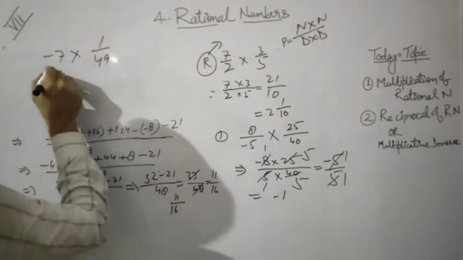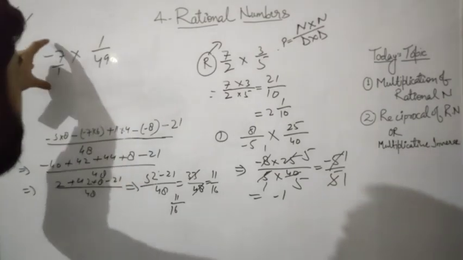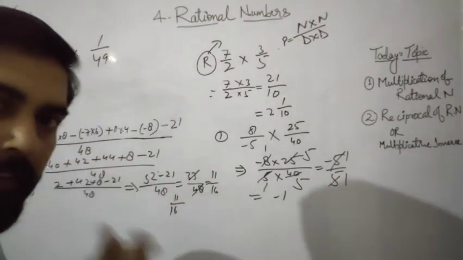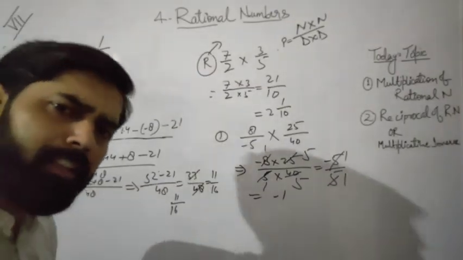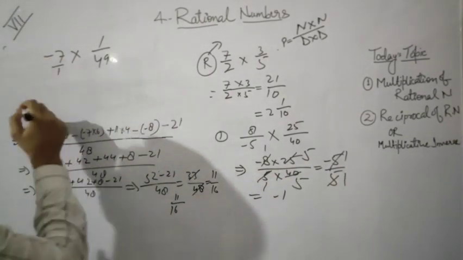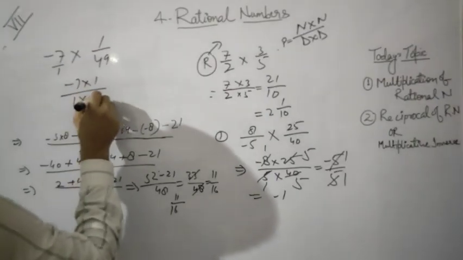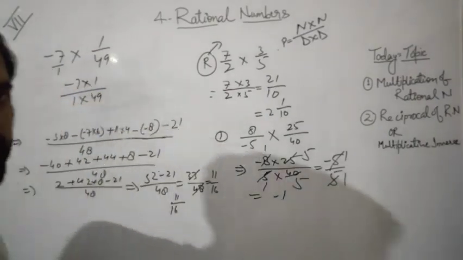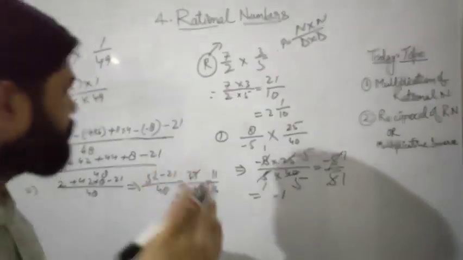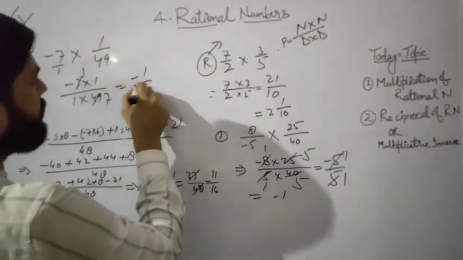And this number we can write like this, because you know that all the negative and all the positive numbers we can write as rational numbers. So this is a rational number now. Minus 7 multiplied by 1 upon 1 multiplied by 49. Are 7 and 49 divisible? Yes, because 7 sevens are 49. Then 7 ones are 7, 7 sevens are 49. What will you get here? Minus 1 upon 7.